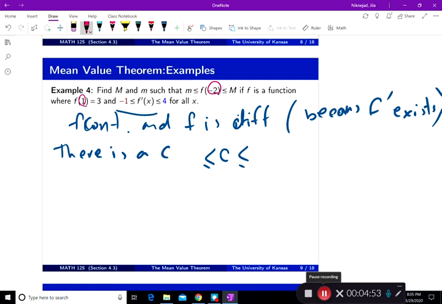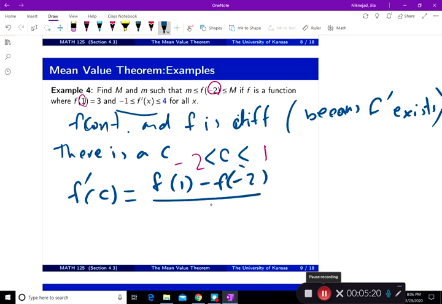So that should be what we want, c between -2 and 1. It can't go the other way around, right? So c between -2 and 1 such that f prime at c is equal to f at one point minus f at the other point divided by the difference of the input.